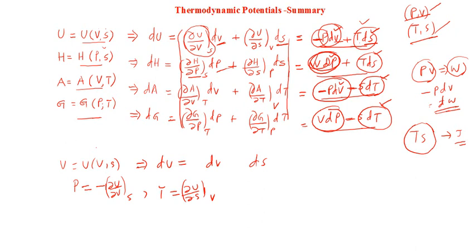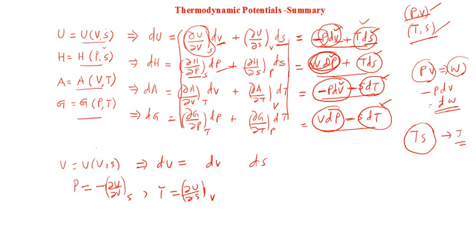You will be able to write altogether 8 equations, and these 8 equations can be called derivatives of the thermodynamic potentials. Derivatives of the thermodynamic potential will always give you the missing parameter out of the 4 variables p, v, t and s.